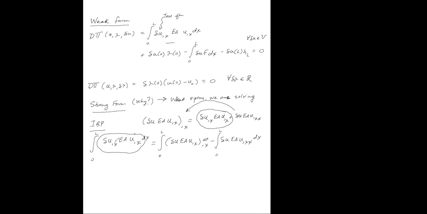Okay, so now we have two terms. Both we've been able to successfully remove the derivative. This guy, we can now just use basically the fundamental theorem of calculus, and we can integrate it directly. So this is going to be equal to delta u EA u comma x evaluated from 0 to L minus the integral from 0 to L of delta u EA u comma x x dx.